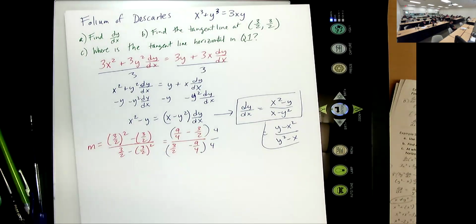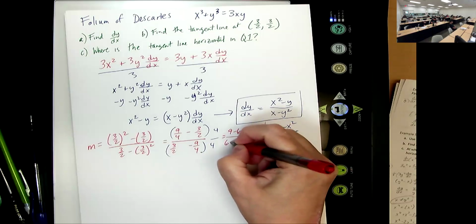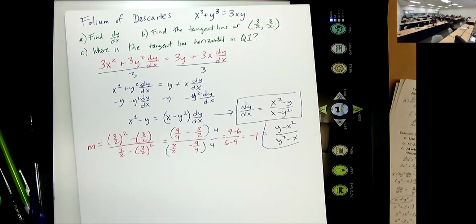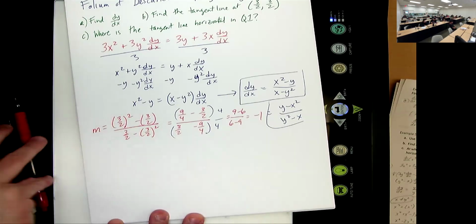That'll get me 9 minus 6 on top and 6 minus 9 on bottom, which is 3 over -3, that's -1. That's my slope.